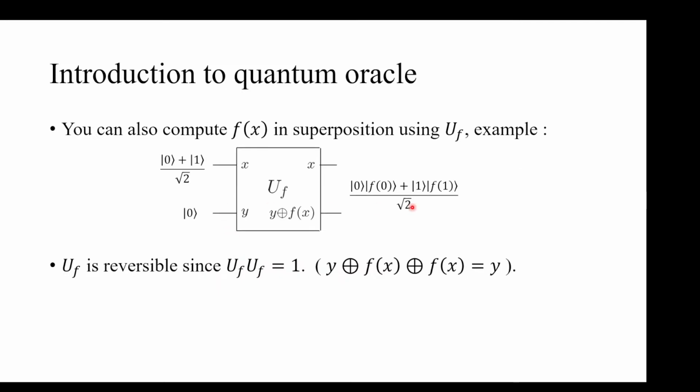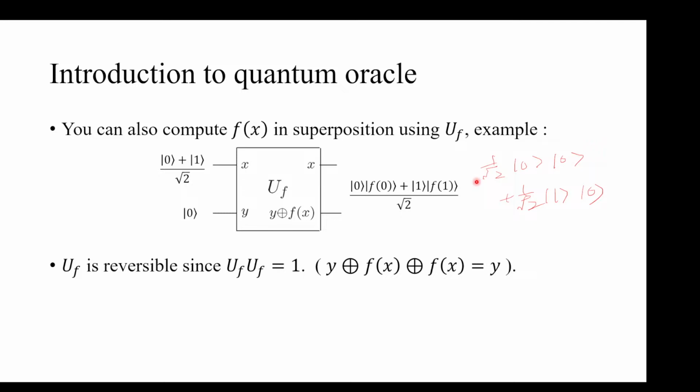Let's go a little slower. The input state can be written as 1 over square root 2, 0 tensor 0, plus 1 over square root 2, 1 tensor 0. Then this 0 tensor 0 part goes through U_f.